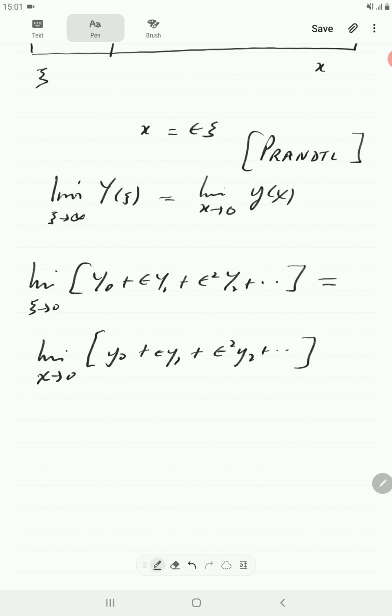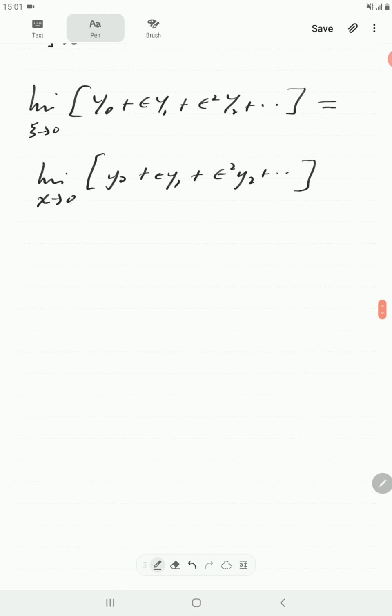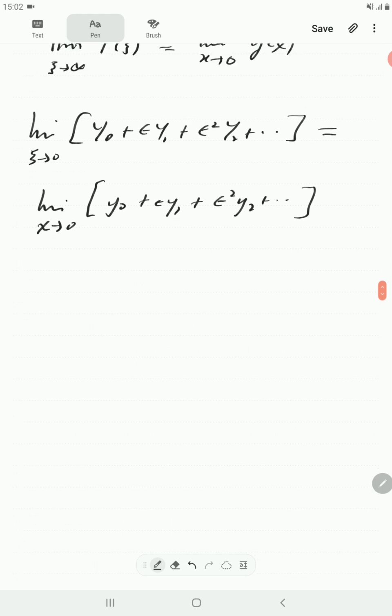Now the thing is, on the left hand side here, we have an equation in terms of xi. On the right hand side, we've got an equation in terms of x. So what we're going to do is write the equation on the right hand side in terms of xi, so that both sides are expressed based on the same variable.